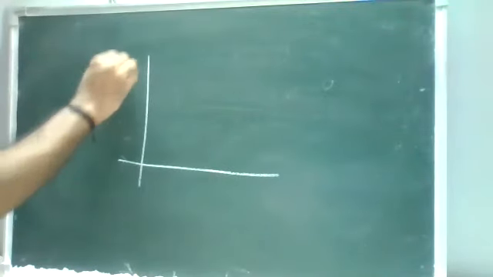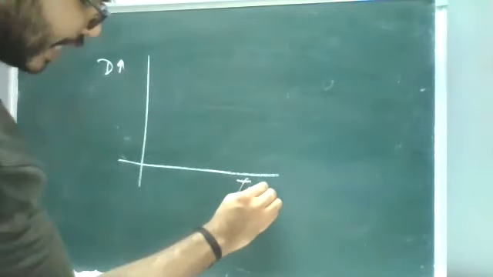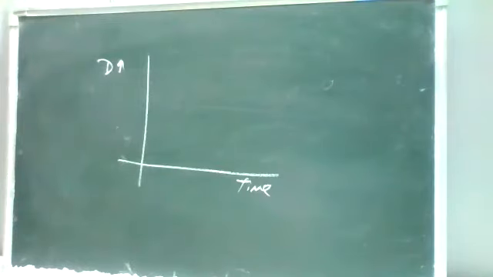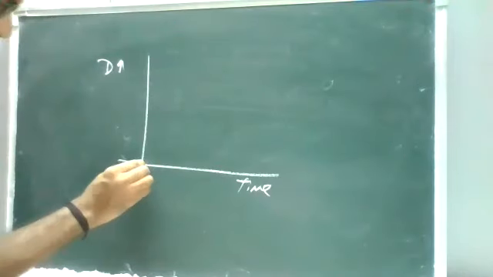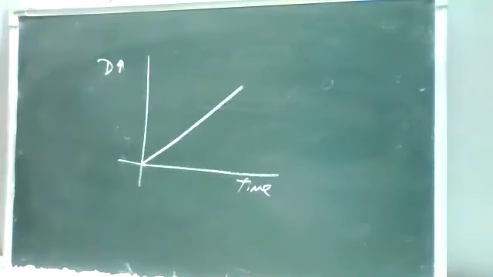Under the displacement time graph, it is a displacement versus time graph, so it is constantly increasing.